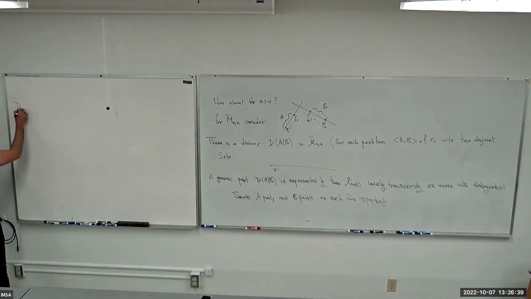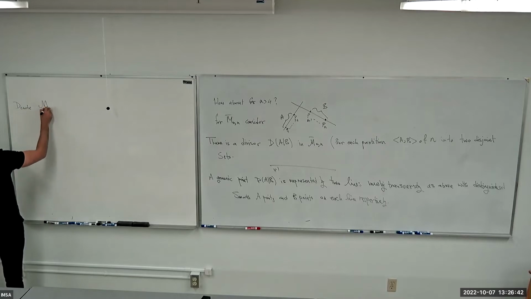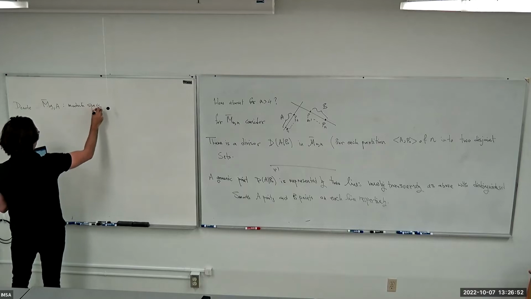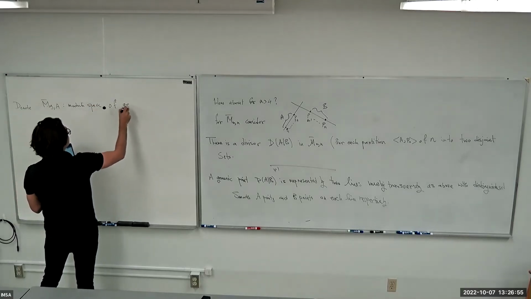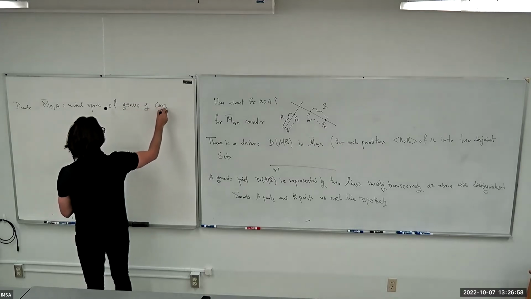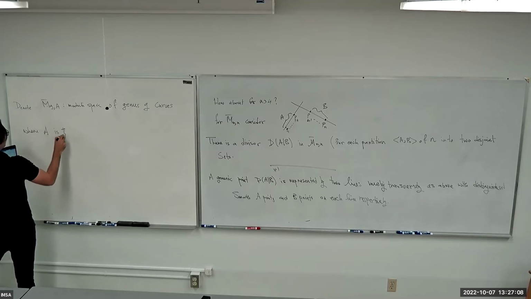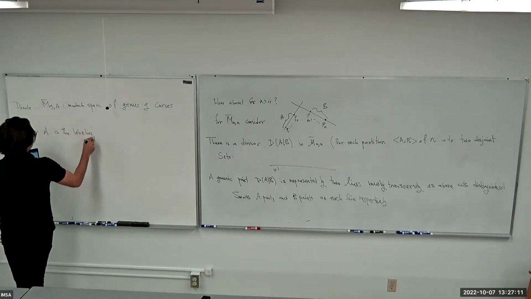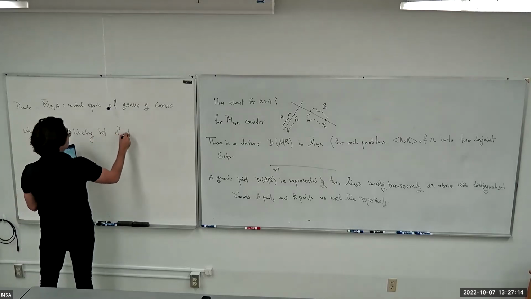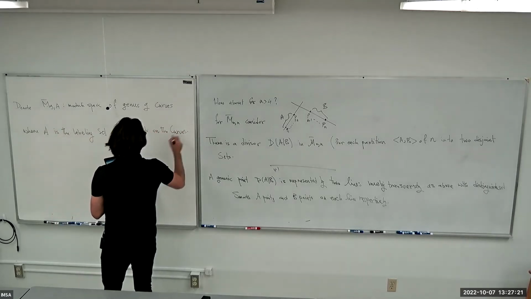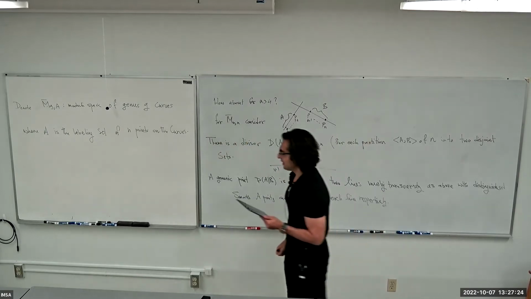So denote MGA, okay, moduli space of genus G curves, where A is the labeling set of n points on the curves. Okay, P1, P2, Pn, that's label set A.